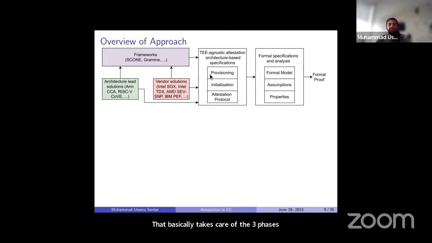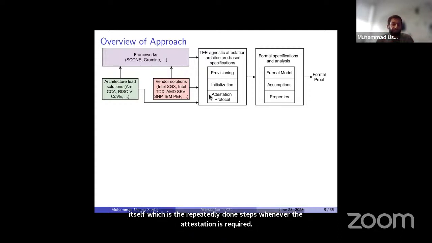The provisioning phase is the time the hardware was given that specific secret, for example in terms of fuses. The initialization part means some steps which are done only once. And the attestation protocol itself consists of the steps done repeatedly whenever attestation is required. So this forms the attestation protocol.